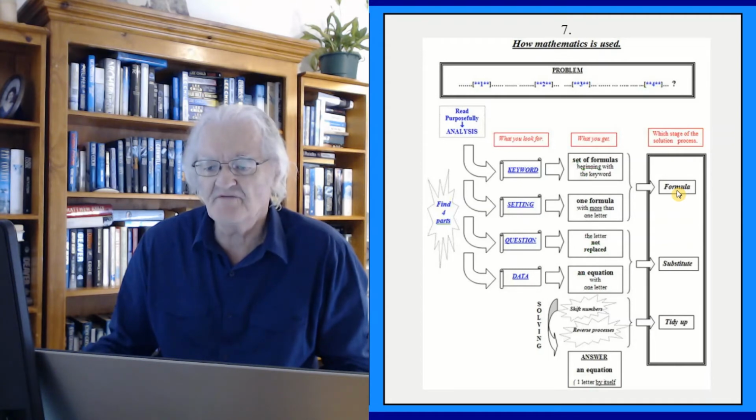Once we have a formula, if we go back to the problem, we can find the question indicates which letter in that formula will not be replaced by a number. And the data should be sufficient to replace all the other letters and symbols. So our formula, which is all letters, becomes an equation containing 1 letter.